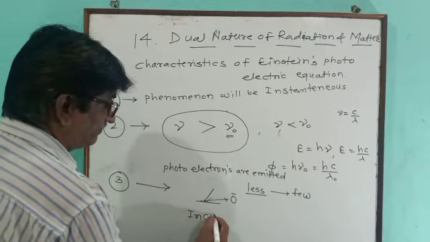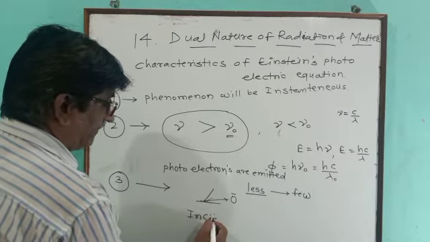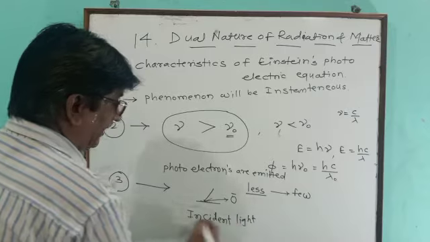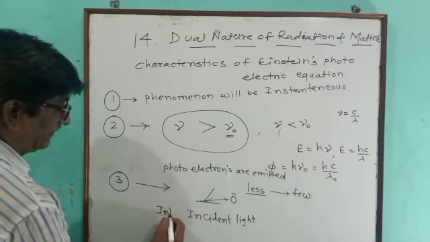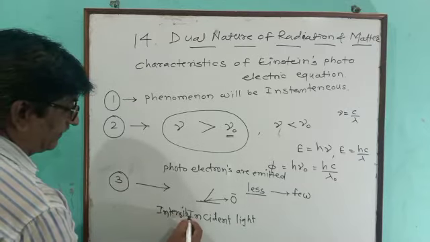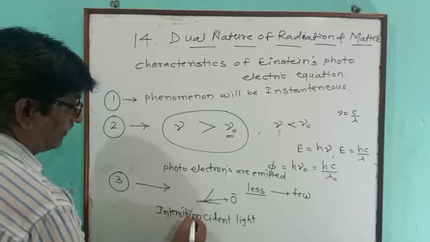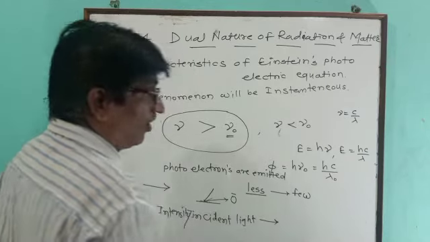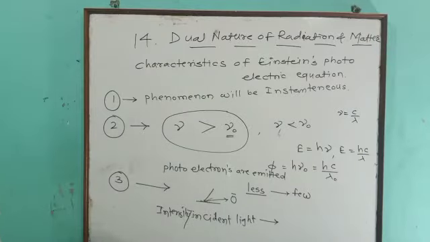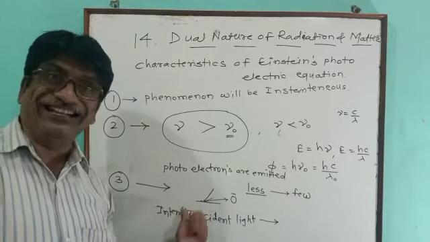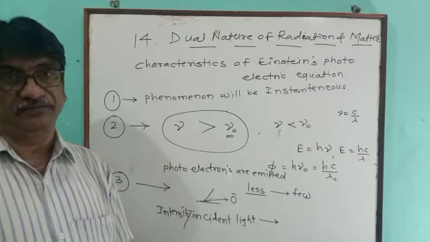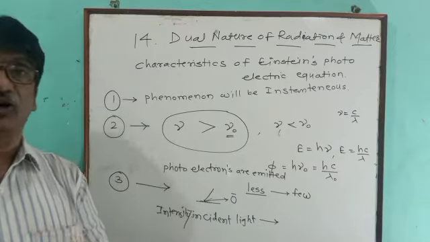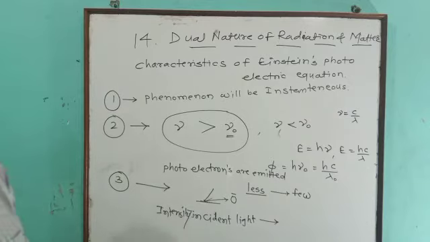So the photoelectric current depends on the intensity of incident light, but the photoelectric current does not depend on frequency.